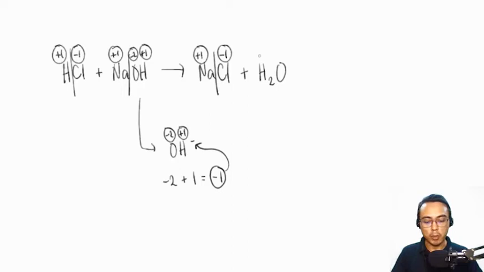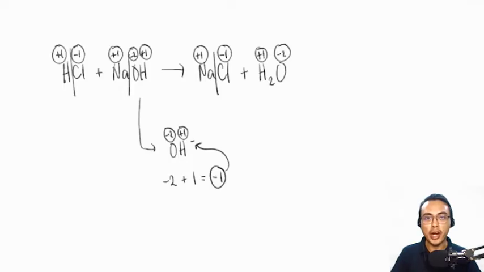So might as well remember that for water, hydrogen has a charge of positive 1 and oxygen still has a charge of negative 2. If you take the summation of charges for water, that is 2 times positive 1 minus 2, that's equal to 0. All of the compounds we have here are neutral compounds, so the summation of their charges should always be equal to 0.